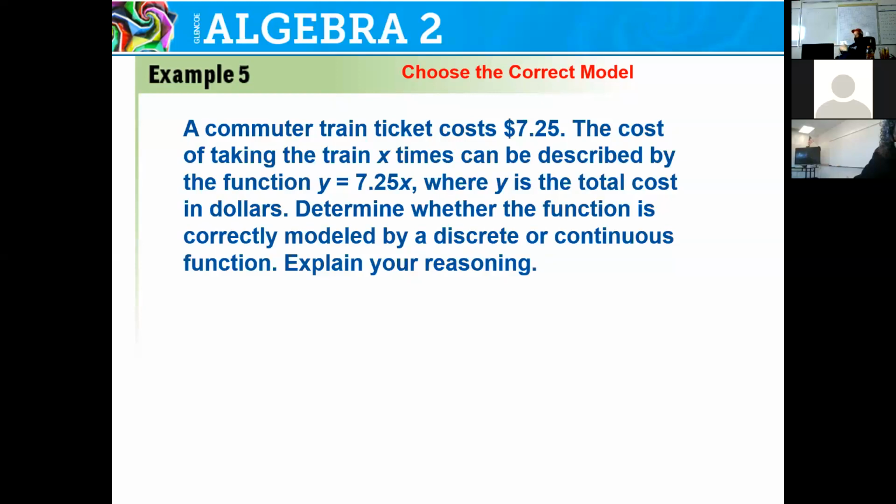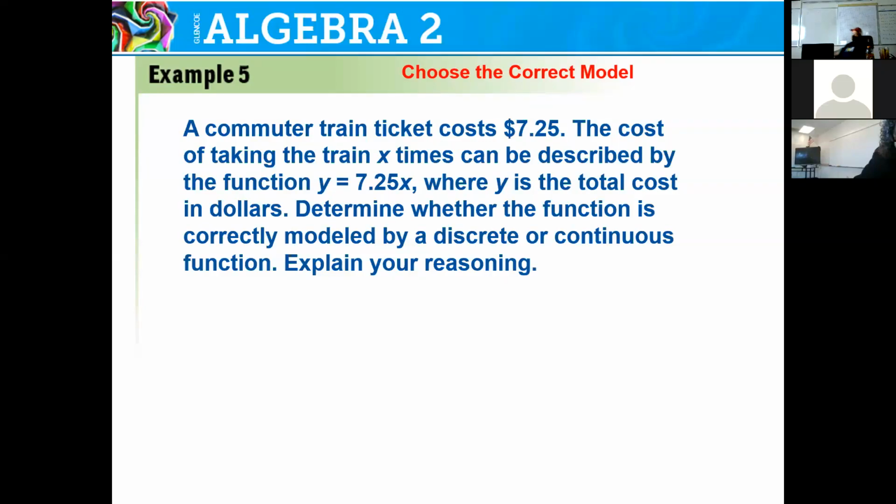Each time I get on and off is one separate ride. Since I am limited to whole numbers, my domain is only whole numbers because I can't have a decimal or a fraction of a ride. This can't be continuous. It's simply limited by the real world application.